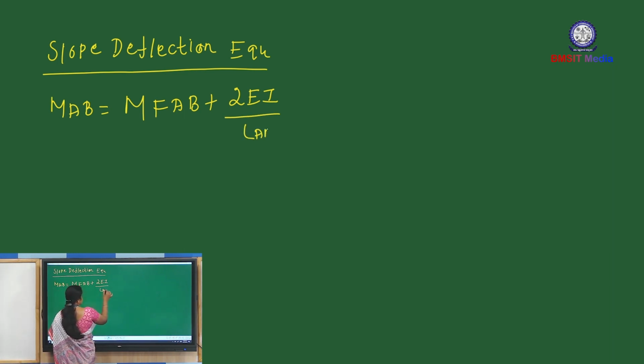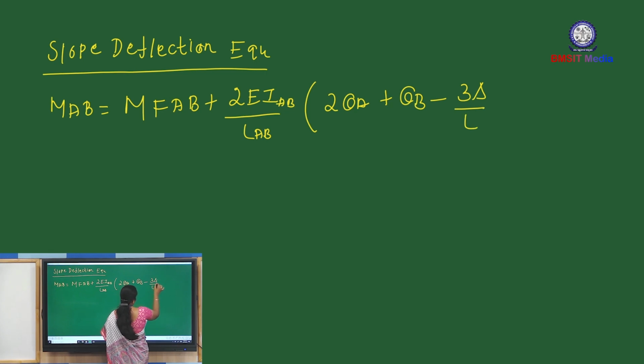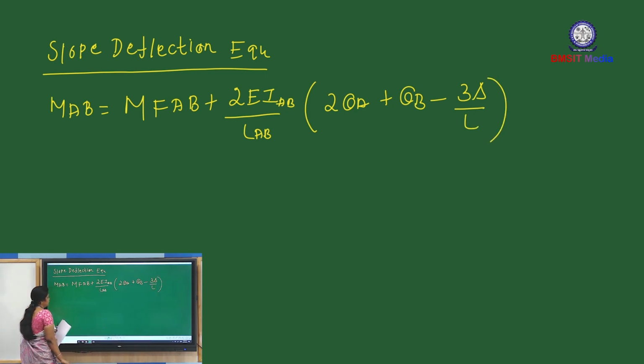And I is also the moment of inertia of the respective section AB. Into 2 theta A plus theta B minus 3 delta by L. This is the general equation. As per the given problem, end A is a fixed support.